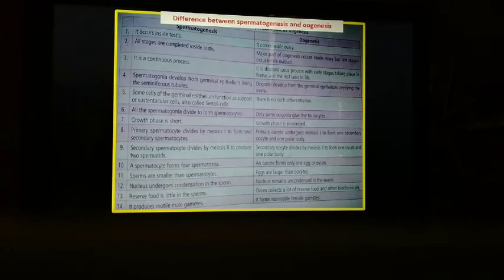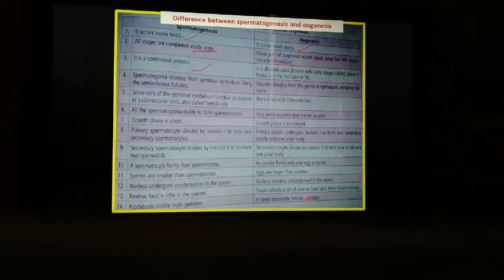Now let us see what the main differences between spermatogenesis and oogenesis are. Spermatogenesis takes place in the testes, whereas oogenesis takes place in the ovary. All stages of spermatogenesis occur inside the testes, whereas in oogenesis the major part occurs inside the ovary, but later stages occur inside the oviduct.